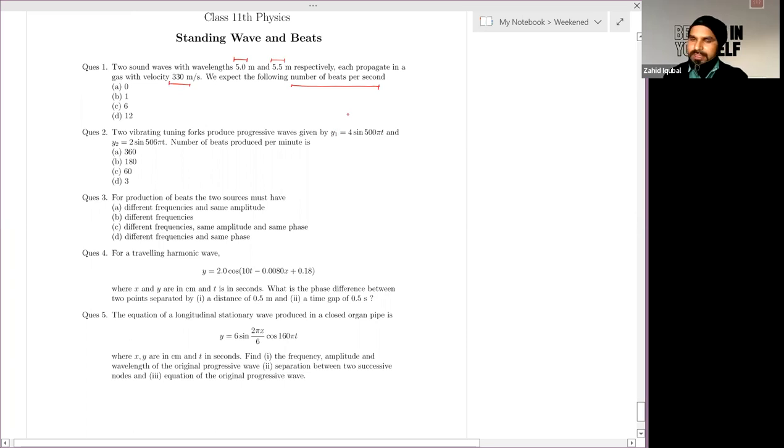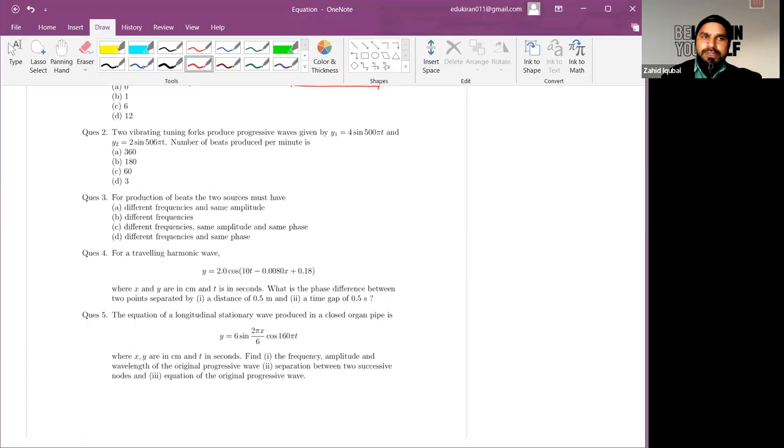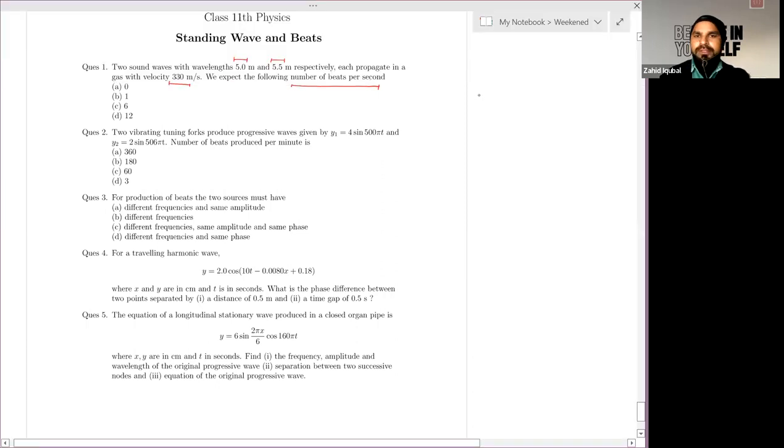Mamuna, how to calculate beats frequency? Beats frequency is simply the difference of frequency of two waves. So for this part, we have to first convert this wavelength into frequency. According to the formula, velocity is equal to wavelength times frequency. So frequency will be velocity by wavelength.